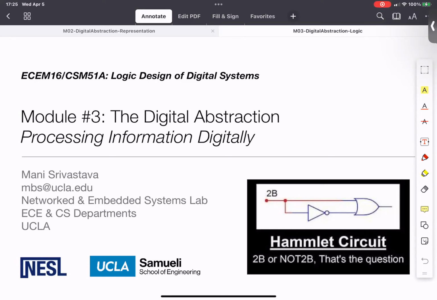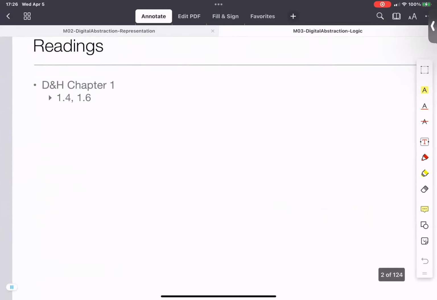Someone has taken care of structuring that digital information appropriately in light of operations we plan to do, and we are given some way of mapping things into voltages, and therefore we have circuits which can do operations. The question is, what operations should they do? So voltages and all, we are basically not going to worry about in this course. From now on, it's more about an abstract level of what operations we need to do. That's why it's called logic design of digital systems, right? So we are going to think in terms of necessary logic.